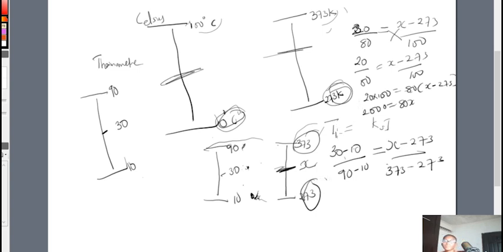So 80 multiplied by 273 is, I'm going to say minus 21840. So we have that.